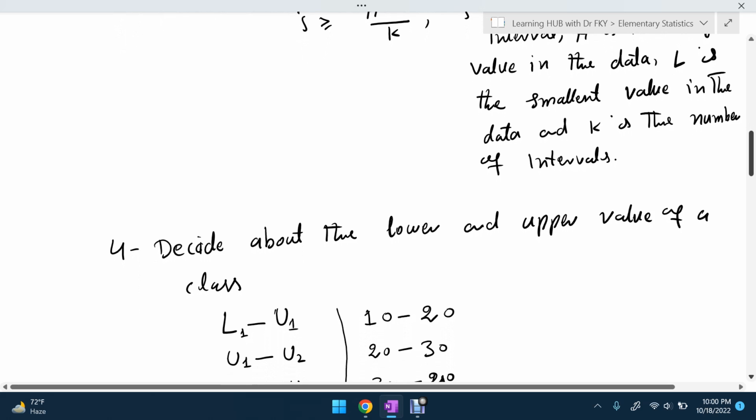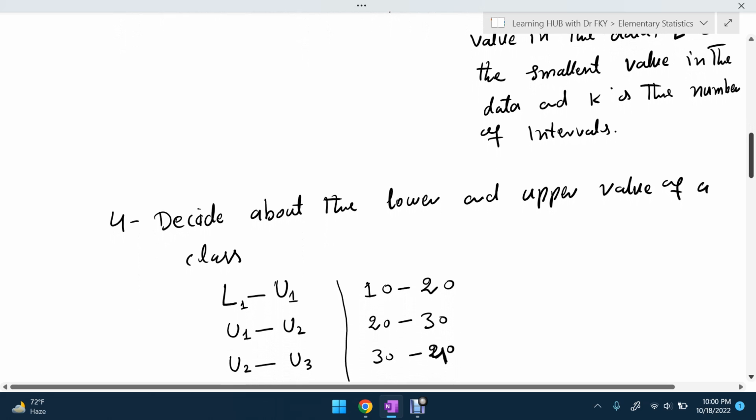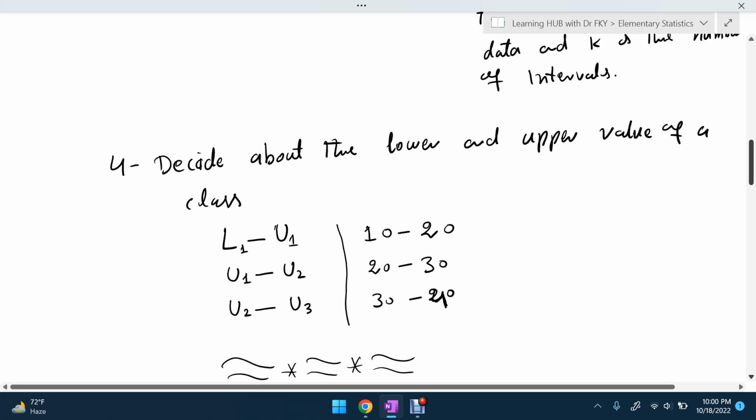The fourth step: decide about the lower and upper value of a class. This is important because we are excluding the upper limit values. Suppose this is the first class, L1 is the lower limit of the first class, U1 is the upper limit of the first class, and we say that this upper value of the first class is the lower value of the second class.